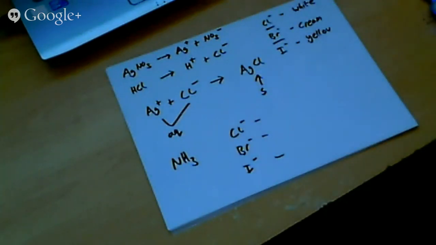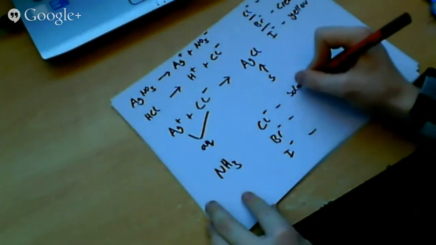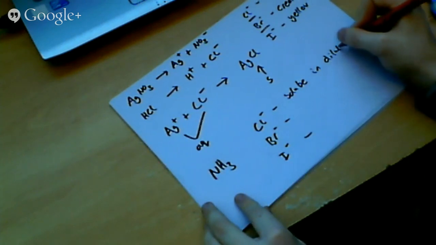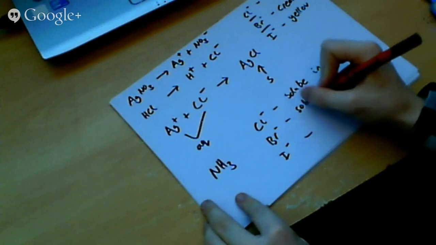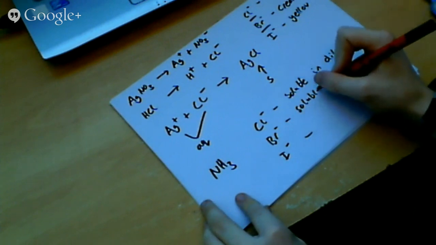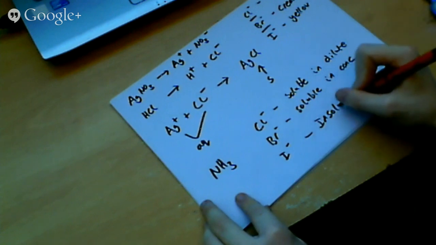If you have your silver chloride and you add dilute NH3, it is soluble. So soluble in dilute. This is soluble in concentrated, and this is insoluble.